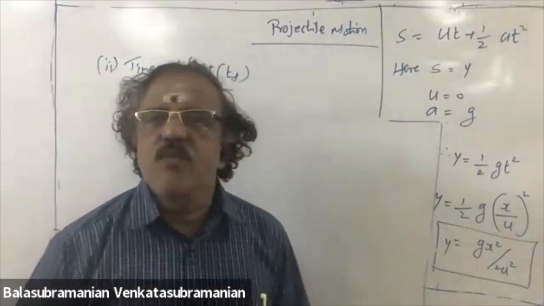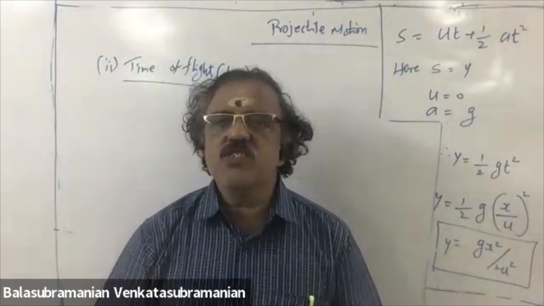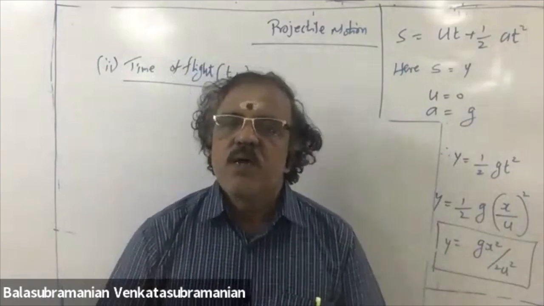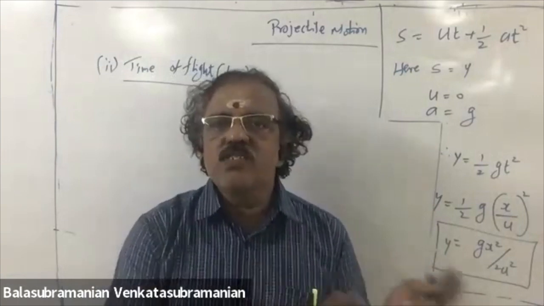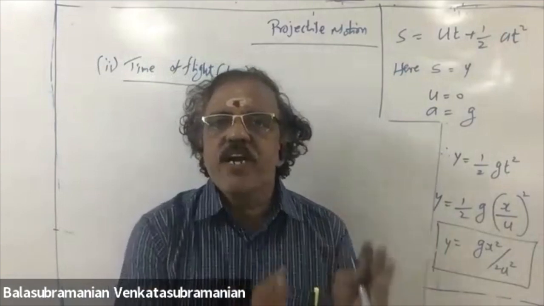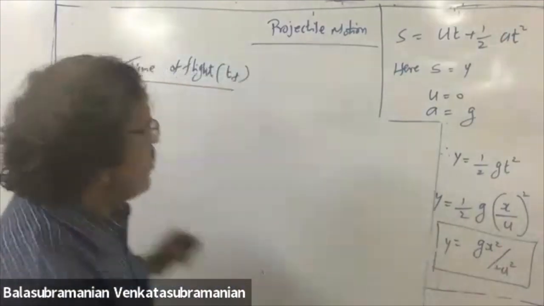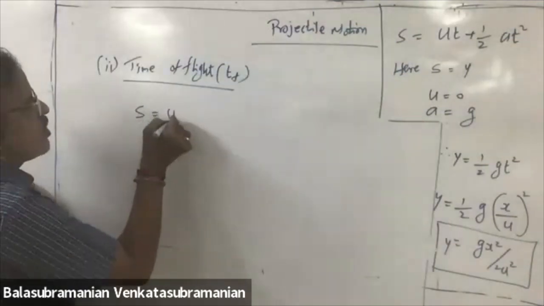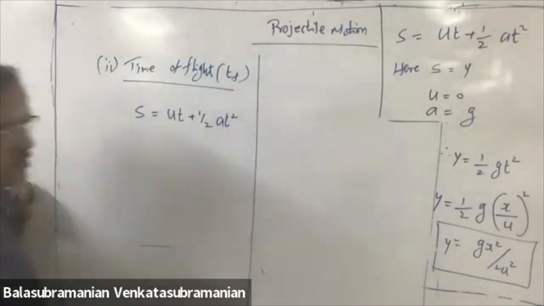Throughout this projectile motion, we are going to consider the three equations. v is equal to u plus at, s is equal to ut plus half at square, v square is equal to u square plus 2as. The three equations, depending upon where we are going to take, we are going to consider. Now we are going to take s is equal to ut plus half at square equation.